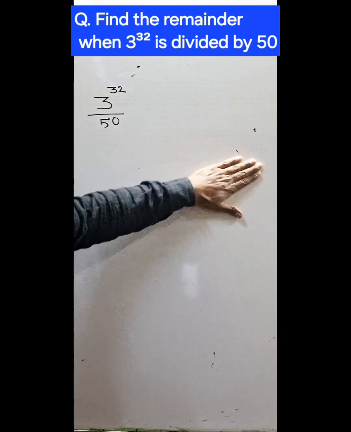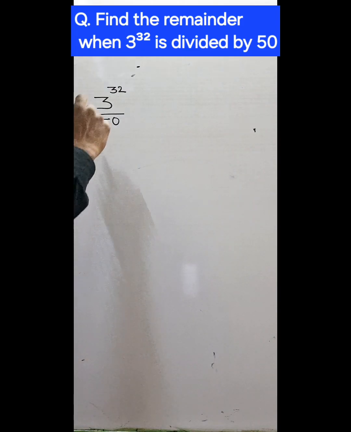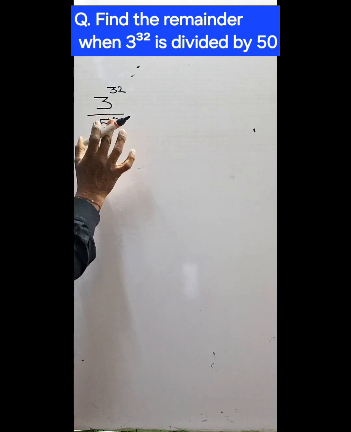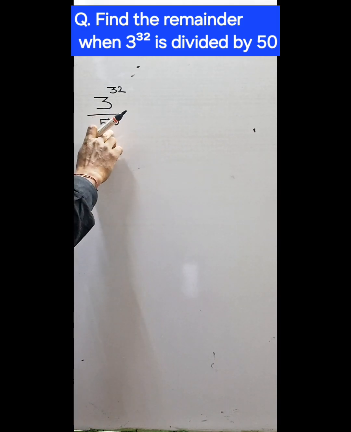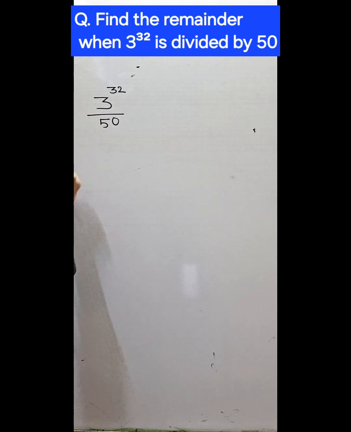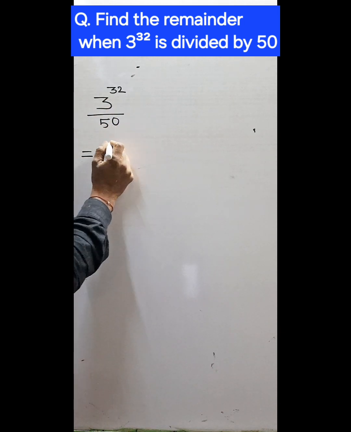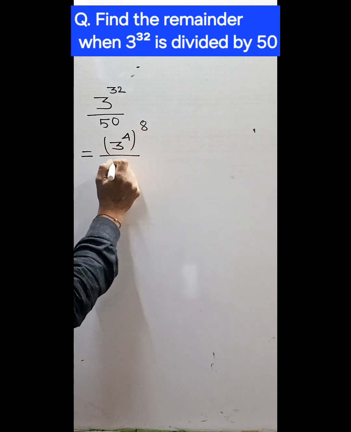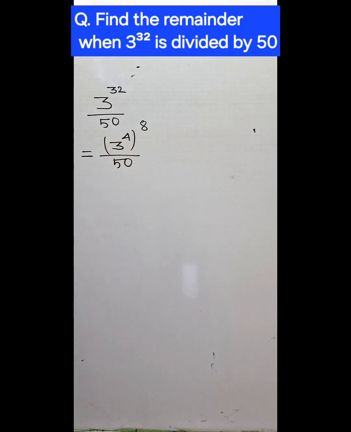Now come here. In order to find out the remainder, first of all, you just think of a number which is nearest to 50. So in this case, we can write this way: 3 to the power 4 whole to the power 8 divided by 50.